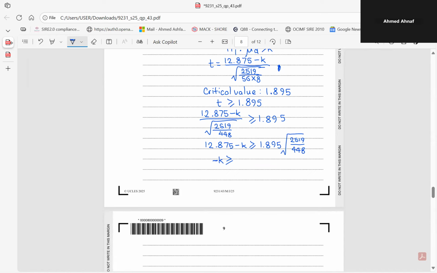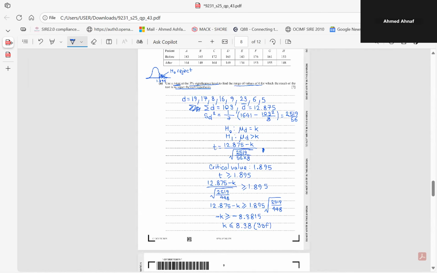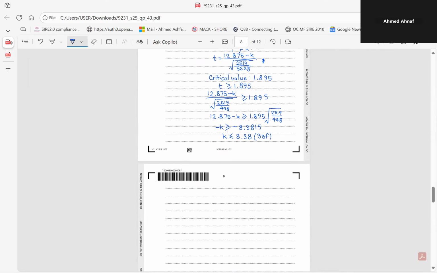Minus k would just be 1.895 times 2519 over 448 minus 12.875. You would get k is 8.3815. And to get the final inequality in terms of just k, to 3SF, you'll get k is less than or equal to 8.38 to 3SF. Okay, so this would be our final answer for the first part.